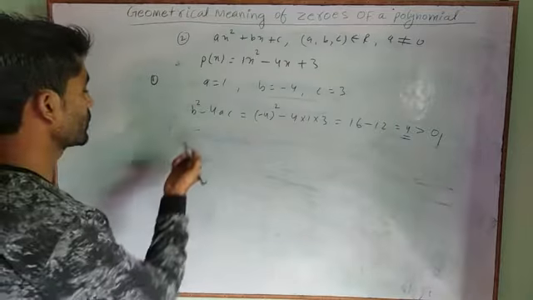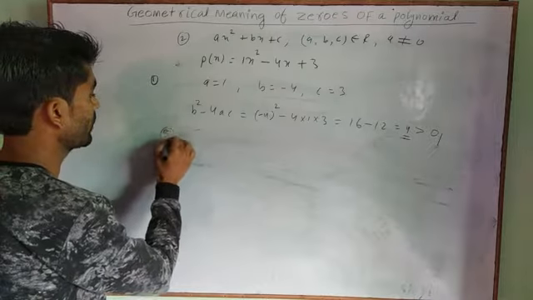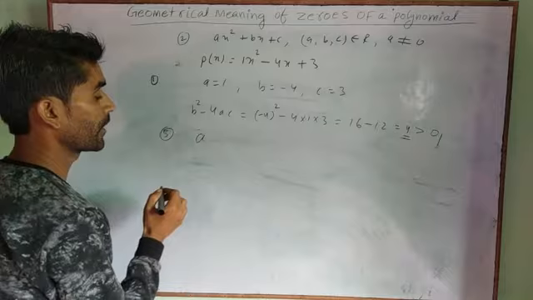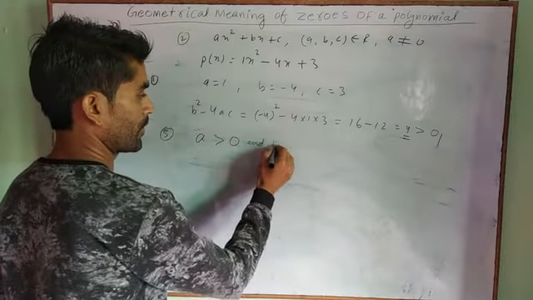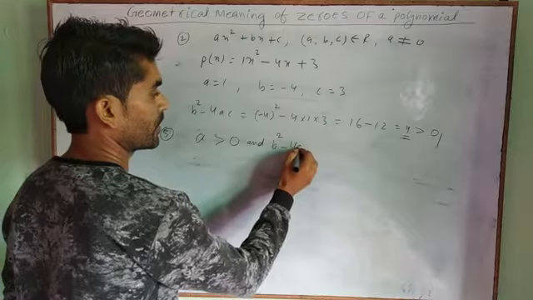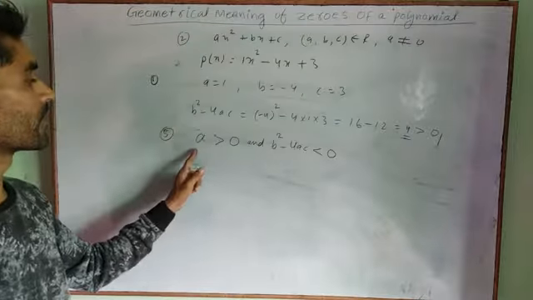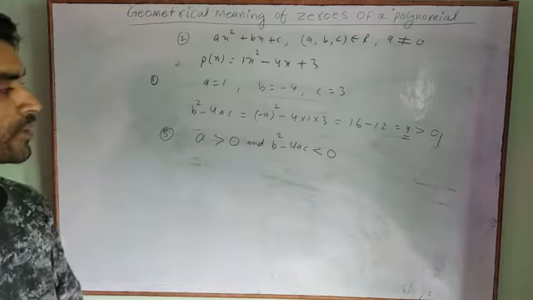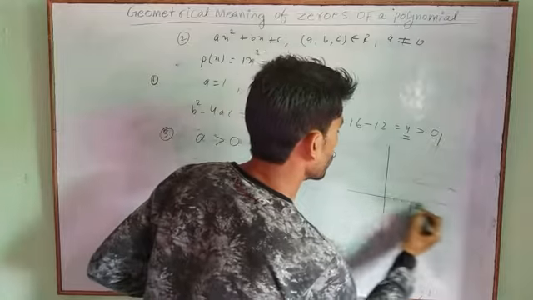The next condition is number 5. If a is greater than 0 and b square minus 4ac is less than 0, then the graph will look like this.